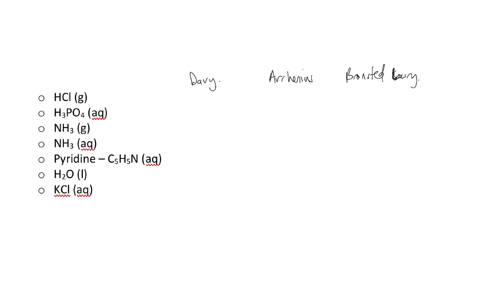So for example, HCl gas plus a bit of Mg solid will turn into MgCl2 and hydrogen gas, after a bit of balancing. That is an acid-base reaction under Davy.